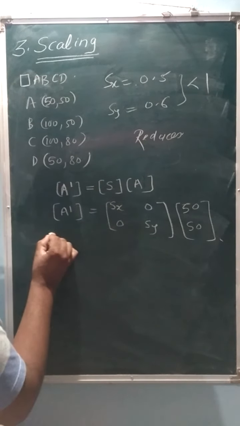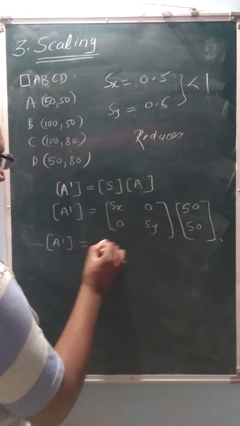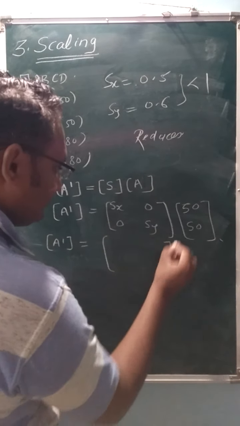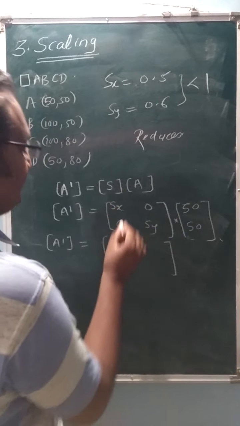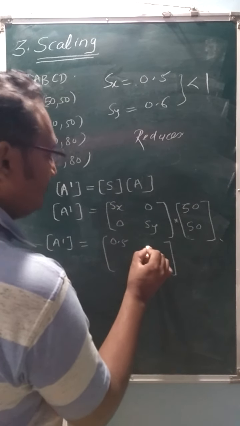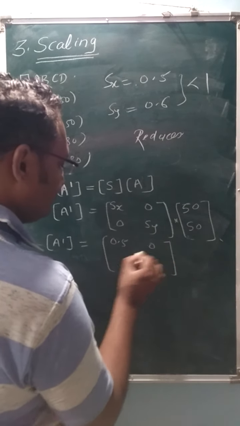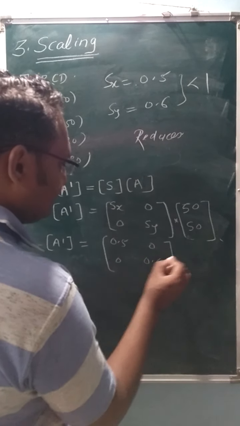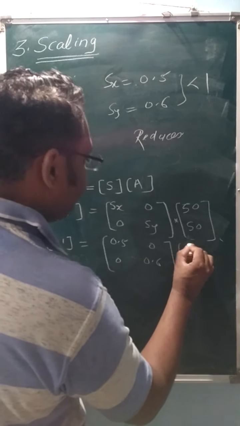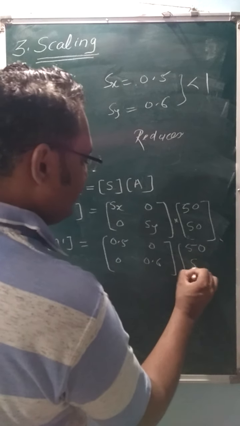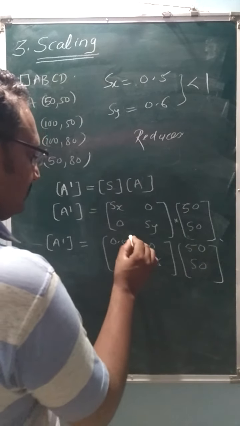We put the values: Sx is 0.5, Sy is 0.6, and the point is 50, 50.